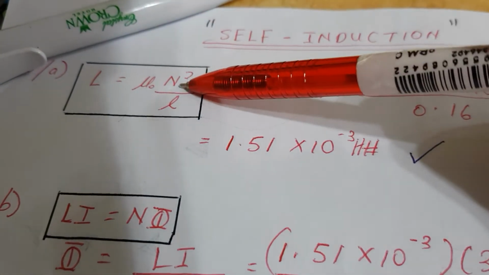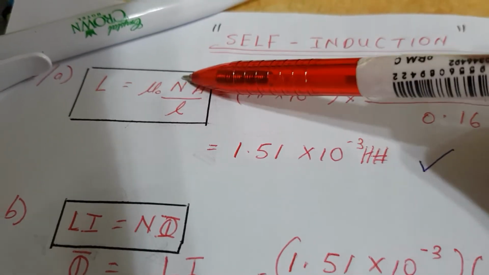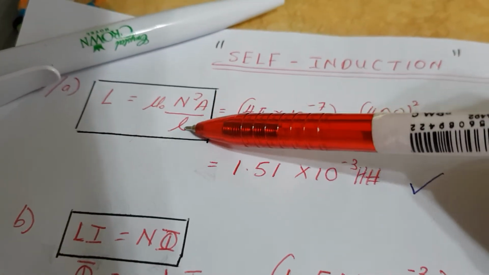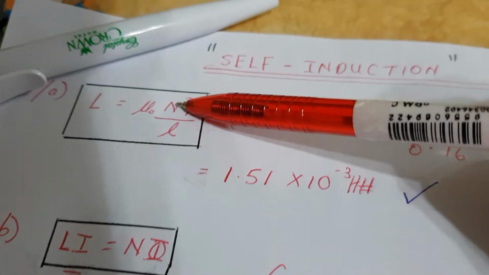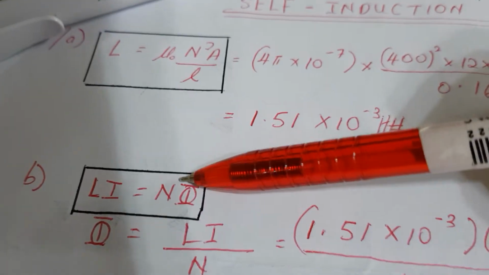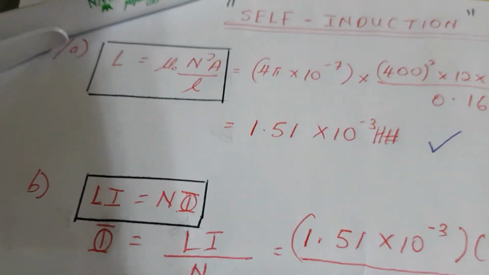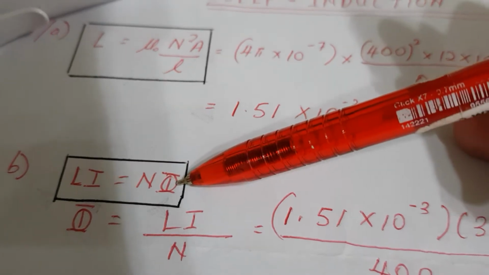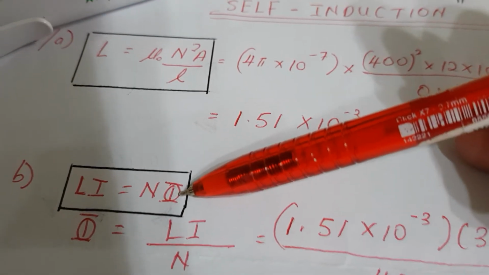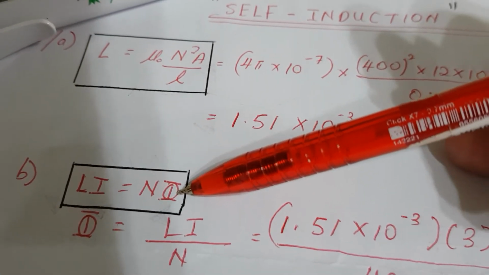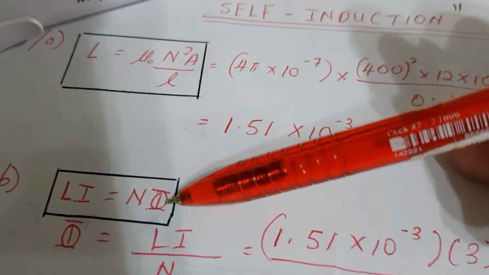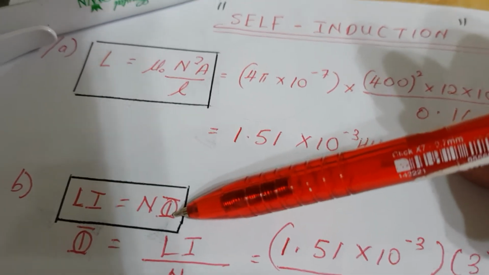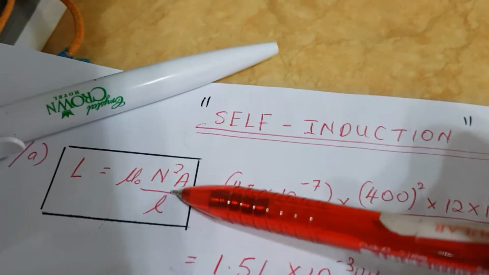Definitely the second one, right? Because the question gives you area, length, and number of turns. You can't use the first formula because you don't have magnetic flux. It doesn't tell you the B and the angle. If not, you could find BA cos theta. So you cannot use that one. You have to use this formula for the first question.